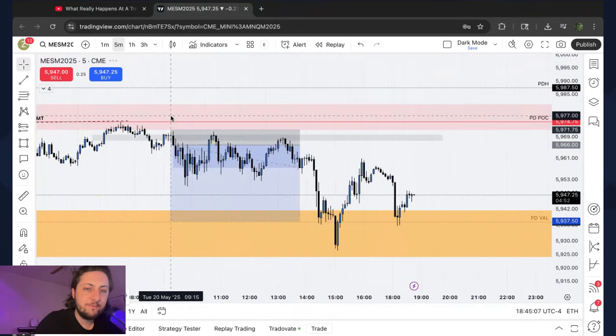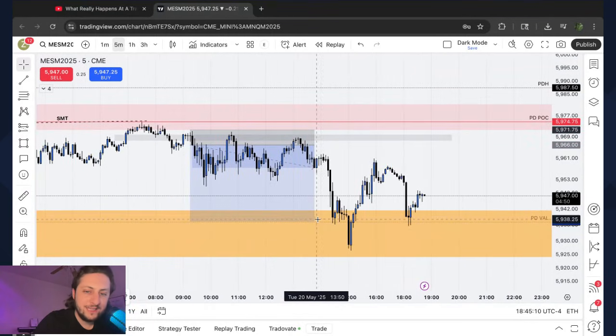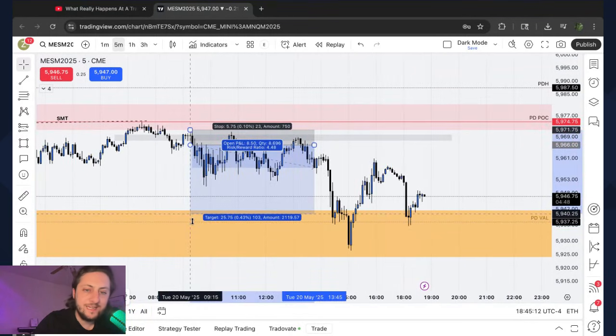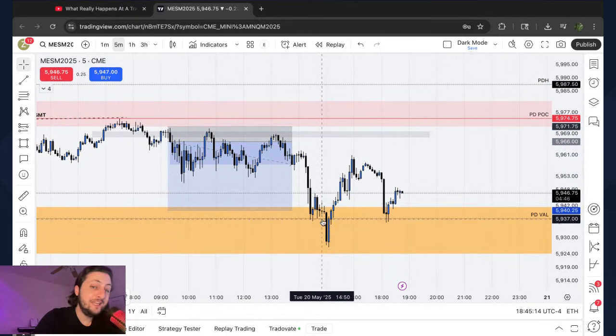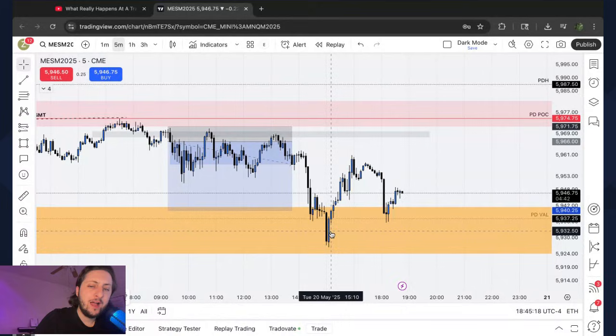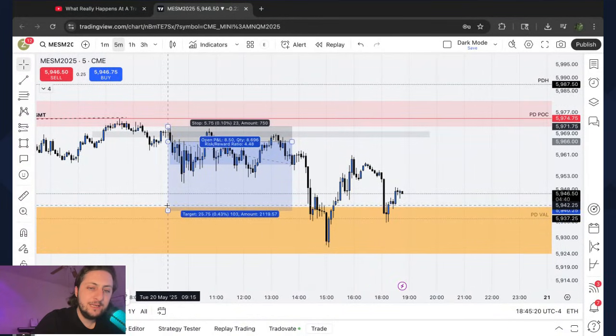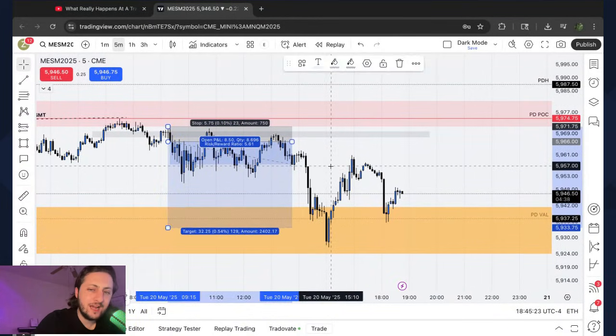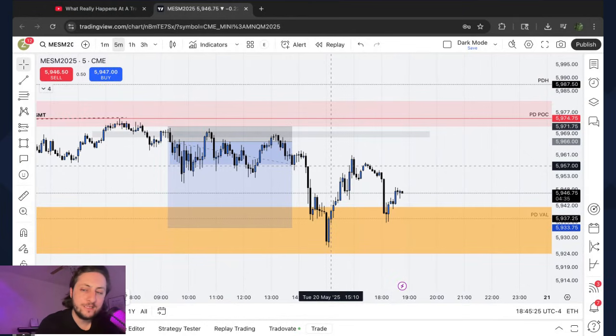So it's just safer for me to place my take profit level right at the beginning of the fair value gap because, in this case, we actually did rebalance the majority of the gap. I'd say a more aggressive TP would be at the midpoint because oftentimes we will at least go down to the midpoint of those higher time frame fair value gaps, but it's not necessary in all situations.